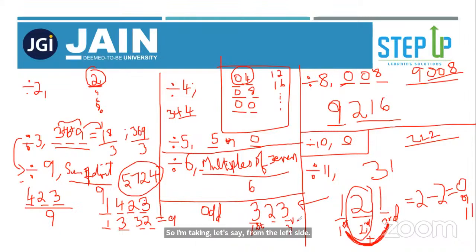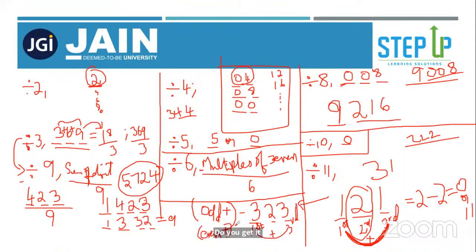Did you get it? Yes, sir. Odd places should be added and subtracted from the even places. Even if I have one more digit in the even places, odd places should be added, even places should be added, and both should be subtracted.